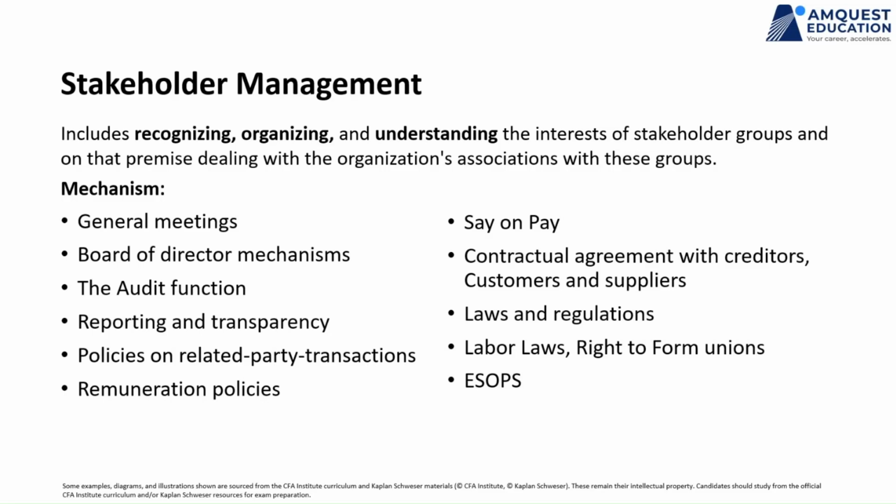Next, audit function, critical, right? You cannot go wrong on audit. Your financial audit or any other type of audit like an HR audit, internal audit has to be on point, right? Anything that goes wrong on the audit side of the business is a risk to the business. The risk which follows is reporting and transparency risk.